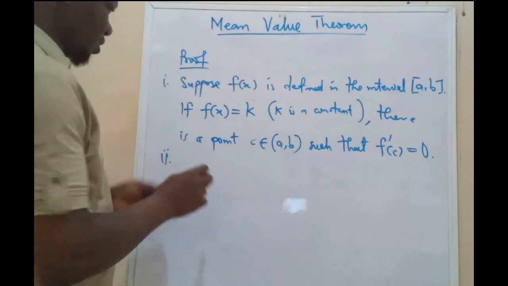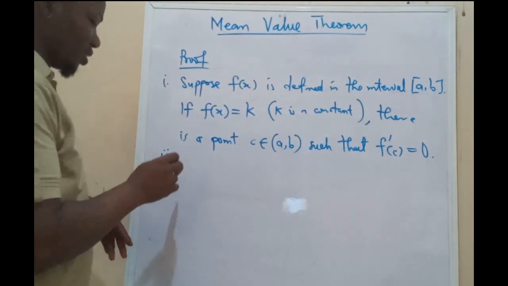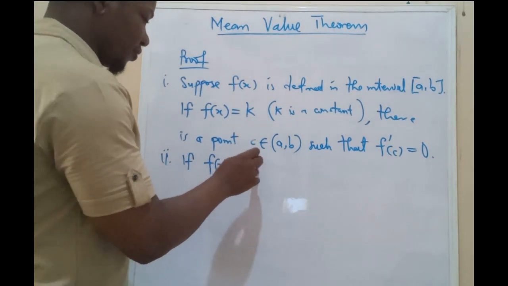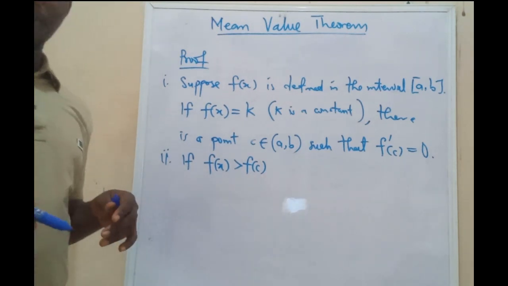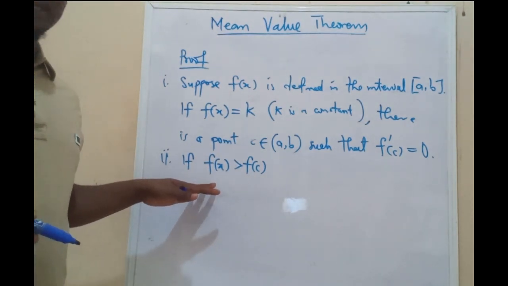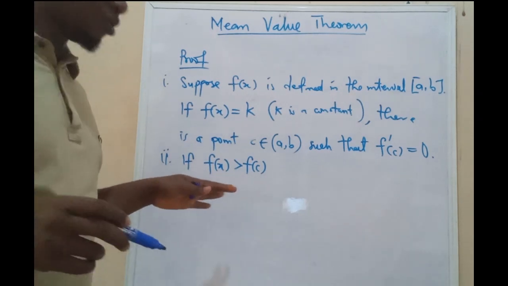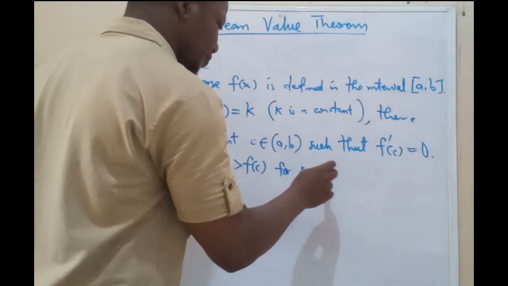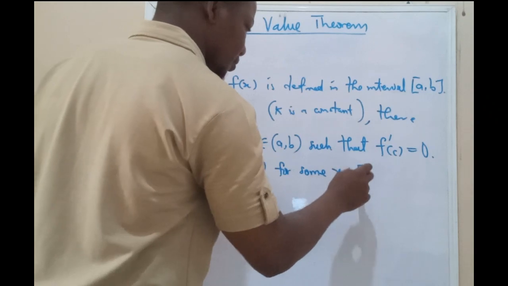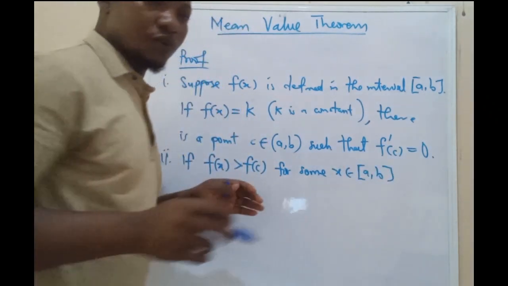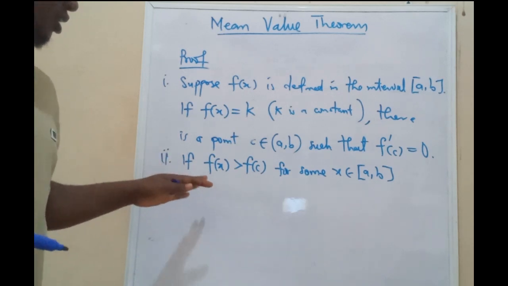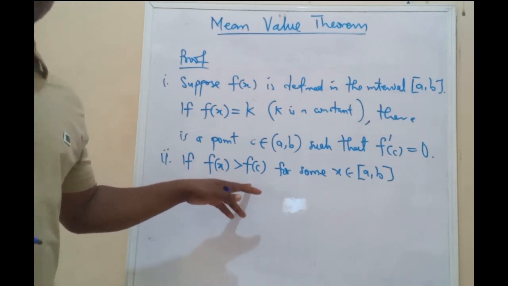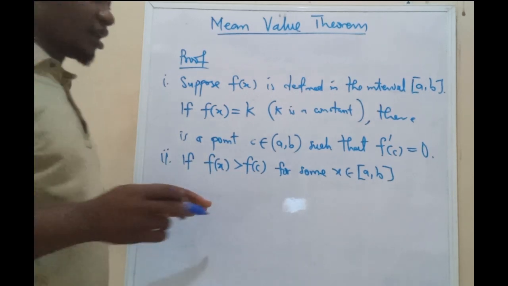suppose f of x is defined in this interval, and we now see that f of x is more than f of c. By Fermat's theorem, what it means is that this function has a minimum at c.